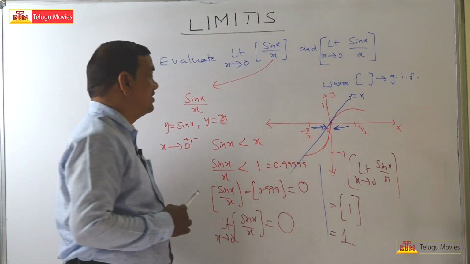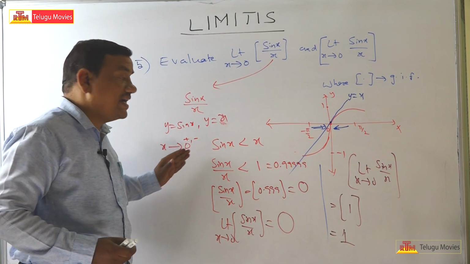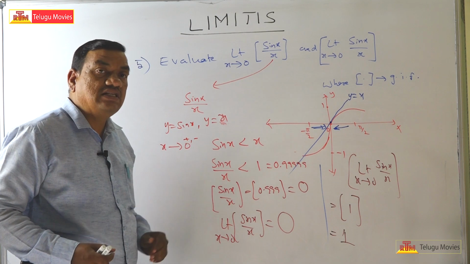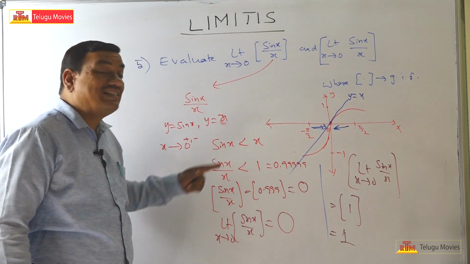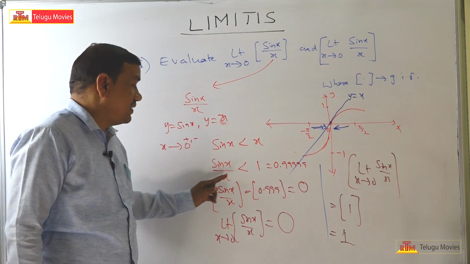As you approach from both the left hand side and the right hand side, sin x is less than x. Since x is not equal to 0, you can divide on both sides, so sin x by x is less than 1.